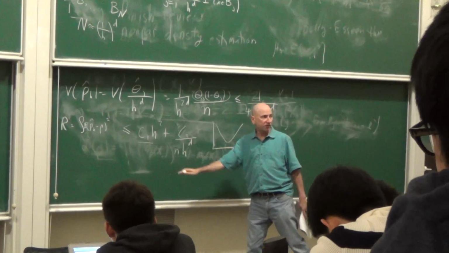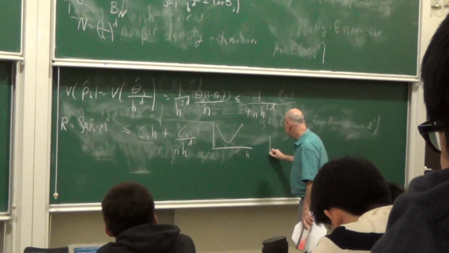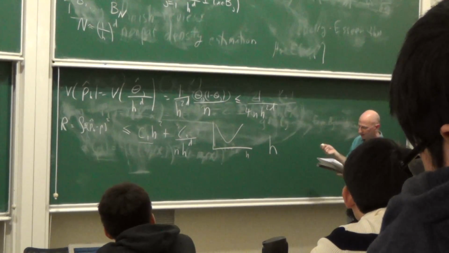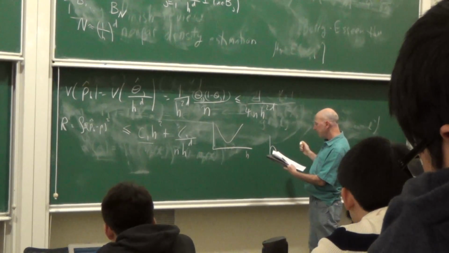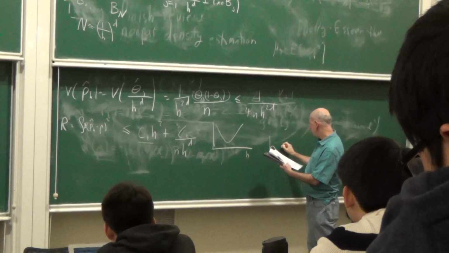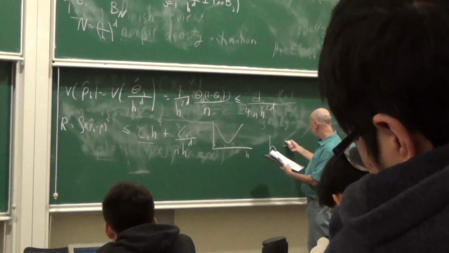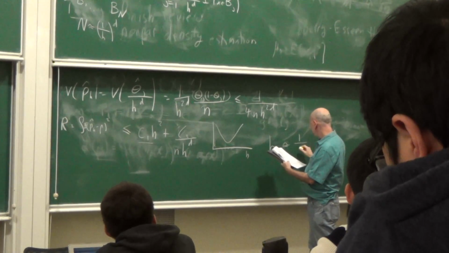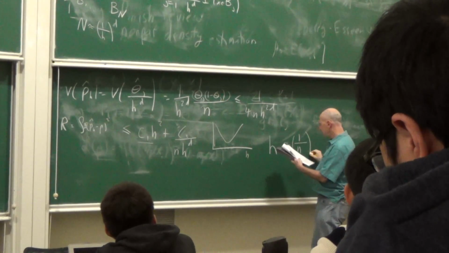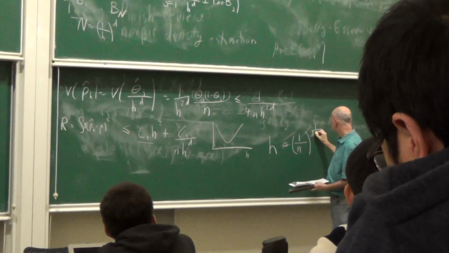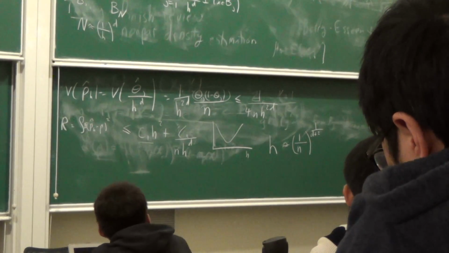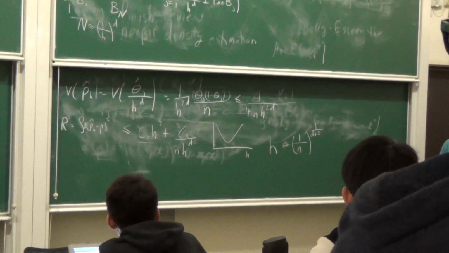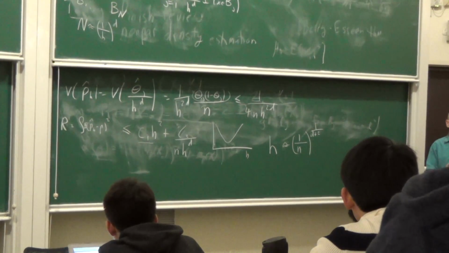If I minimize this over h, I'm going to get, again, up to constants, since I'm getting lazy about constants, h is basically 1 over n. In particular, in one dimension, that says that the optimal bin width is 1 over n to the 1/3.